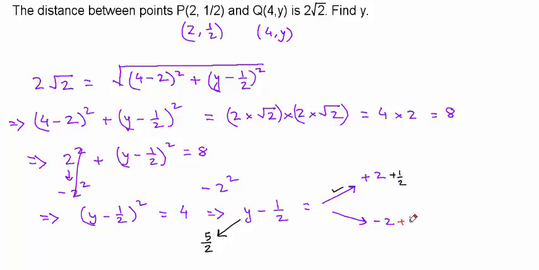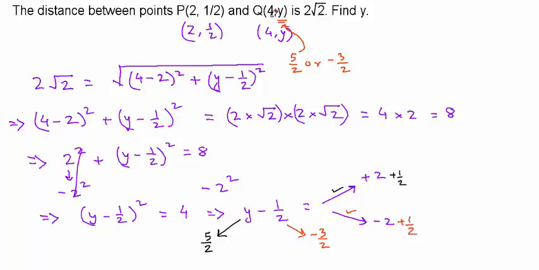Or if you take this root, you have y equal to negative 2 plus 1/2, that's negative 1 and 1/2, that's negative 3/2. So this y over here can either be 5/2 or it can also be negative 3/2.